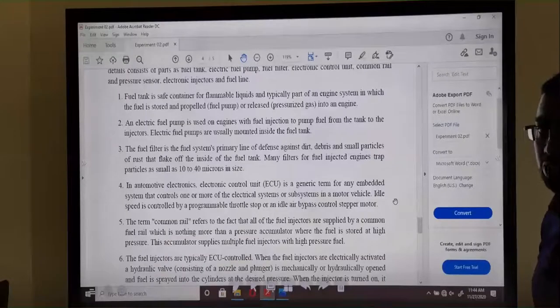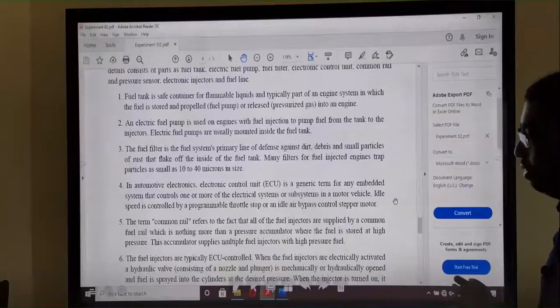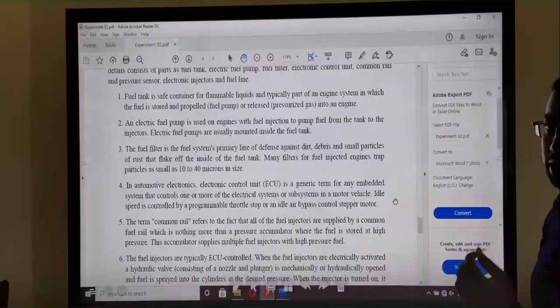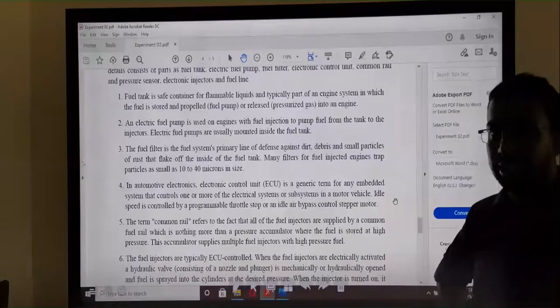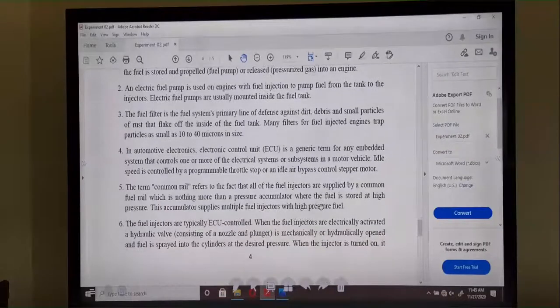That's called the ECU. It's like the brain of a human. It controls everything. It takes in the details and makes the decisions for the actuators. That's called the ECU, electronic control unit.